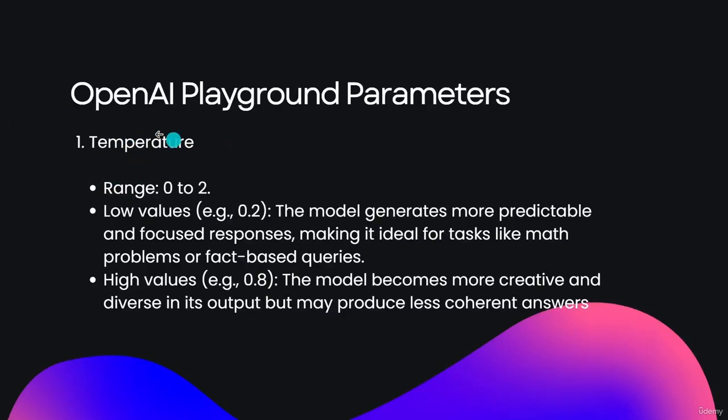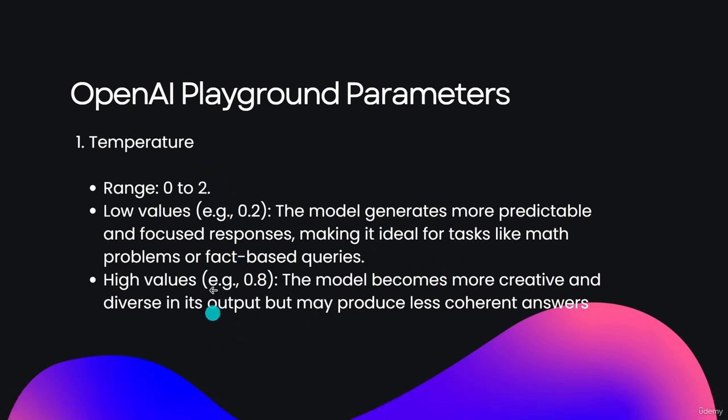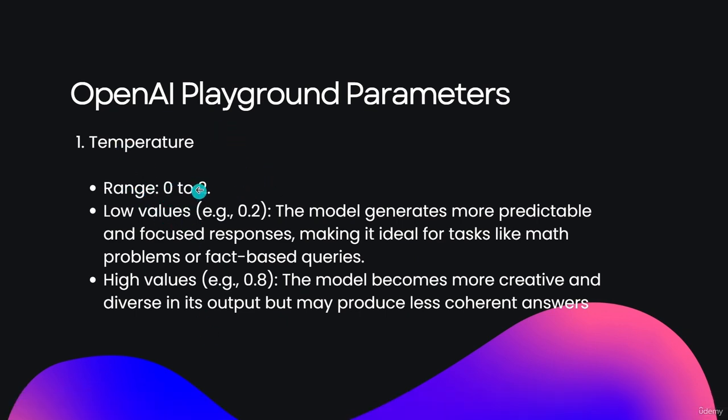So the first one is temperature. We will just learn the basics and then see it directly in the Playground platform. Temperature ranges from 0 to a higher value. The AI's output is dependent upon the temperature. If you put a low value of temperature, it will generate the output in a focused, specific manner, right?